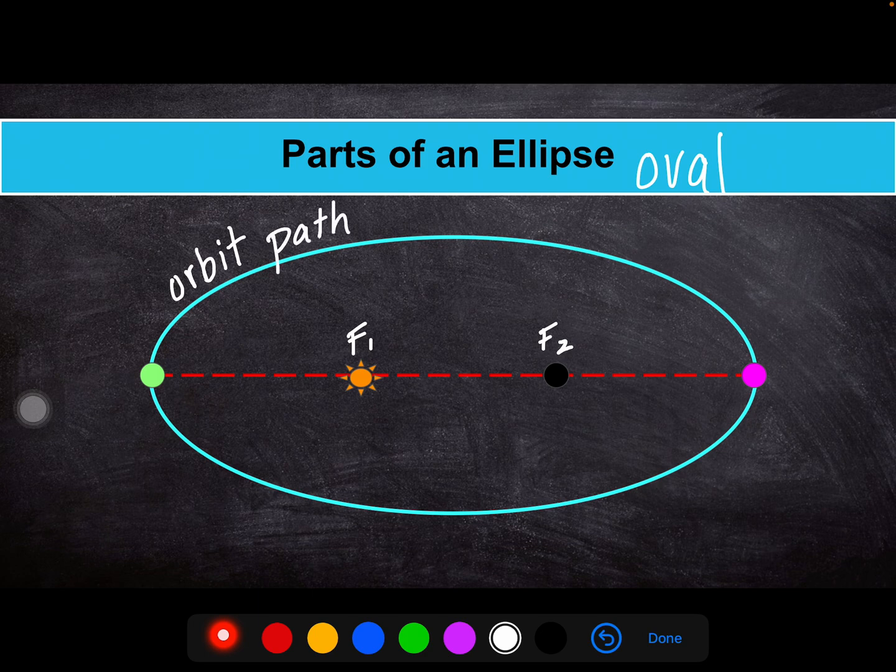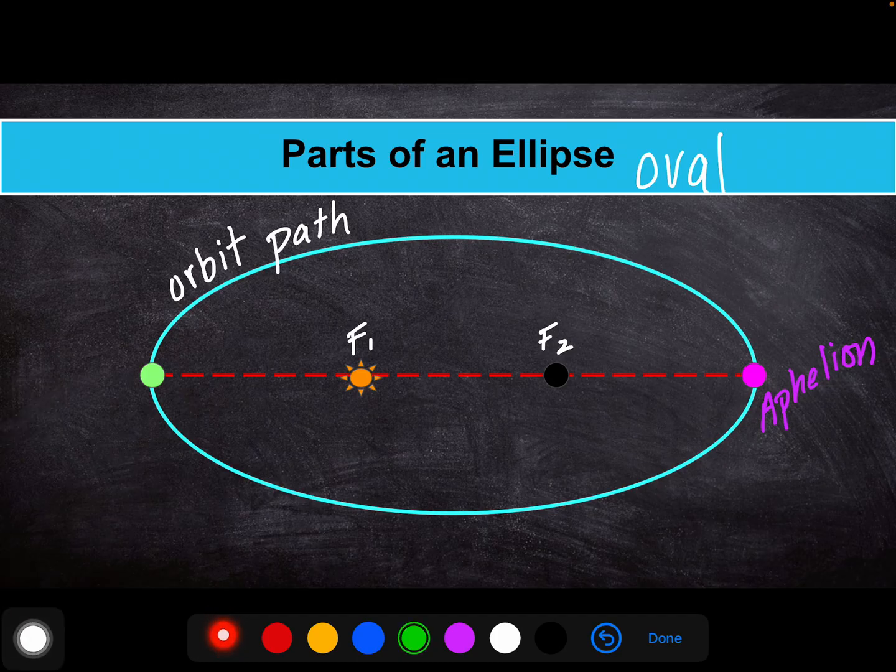And on that orbit path, there are 2 main points. We had yesterday our aphelion, which is our furthest point that the planet reaches on its path. So we can see here from the sun to aphelion, that would be the farthest away the planet gets within that orbit path.